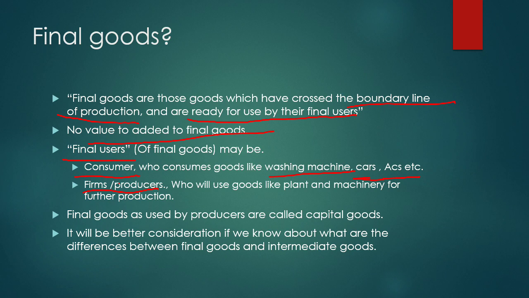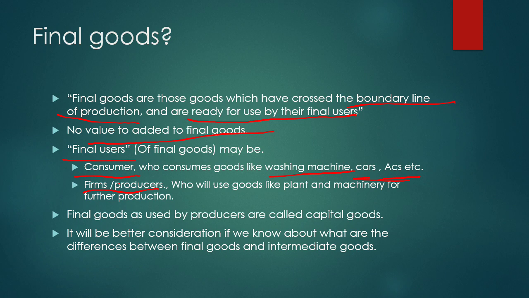Like an AC, if a company is buying AC from another manufacturer for business purposes, for resale, that will be called intermediate goods. He is not adding any kind of value, so it will be considered an intermediate good.